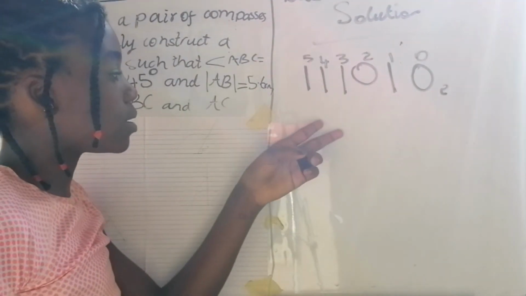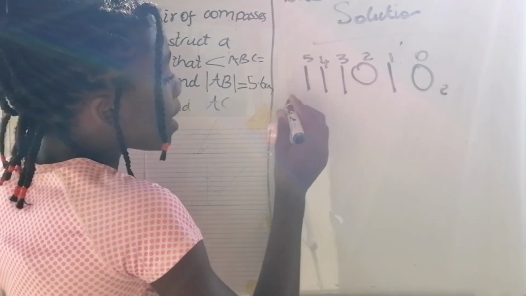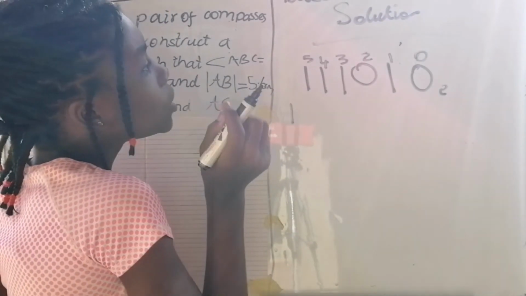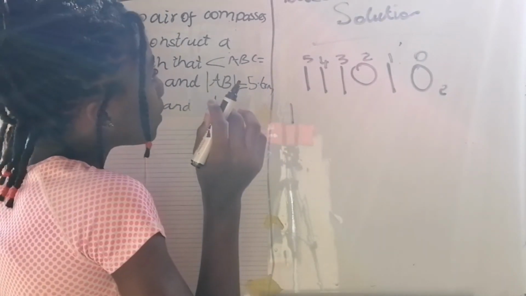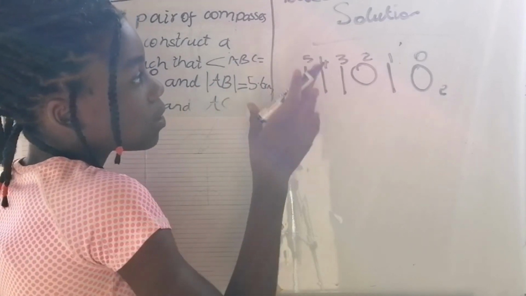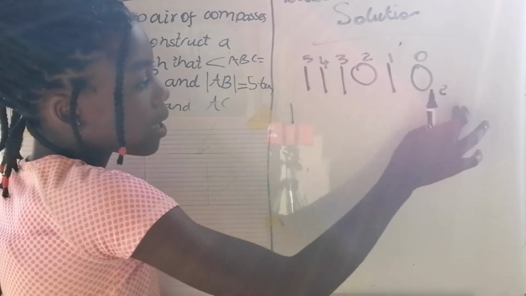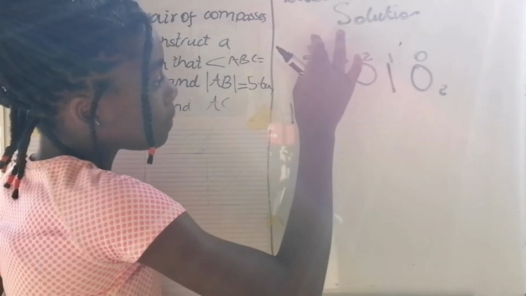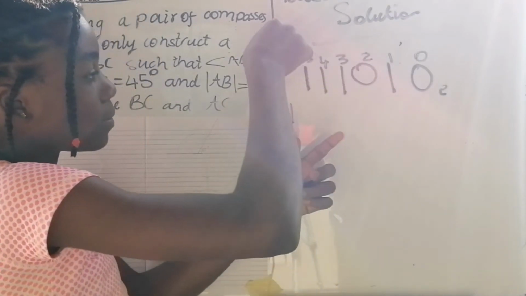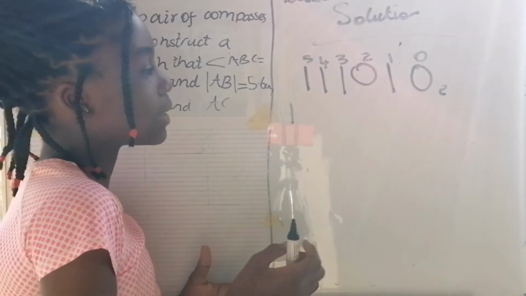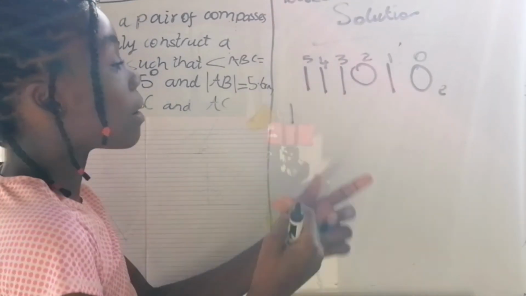Good. Anytime we are changing any number in any base to base 10, we always multiply the digits by their base raised to the number on top that we have already labeled.